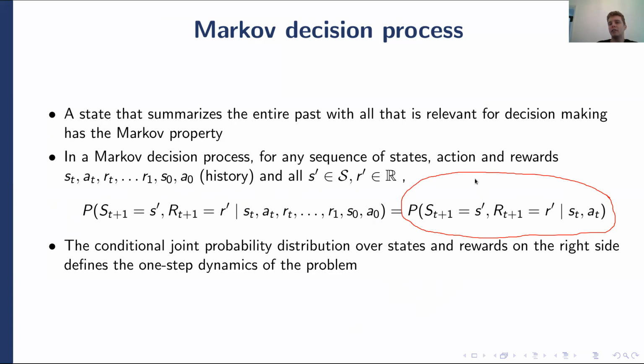If for any state s prime, for any reward r prime, and for any state and any action, you're able to give me the probability of transitioning to that state s prime and obtaining reward r prime given the current state and the current action, then you have the one-step dynamics of the problem, and then you can solve the problem with the techniques that you will see very soon.